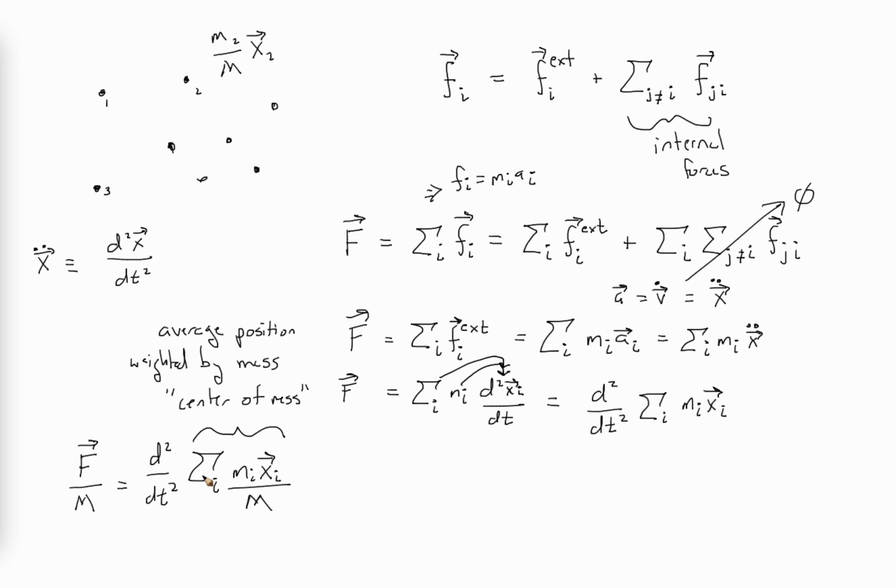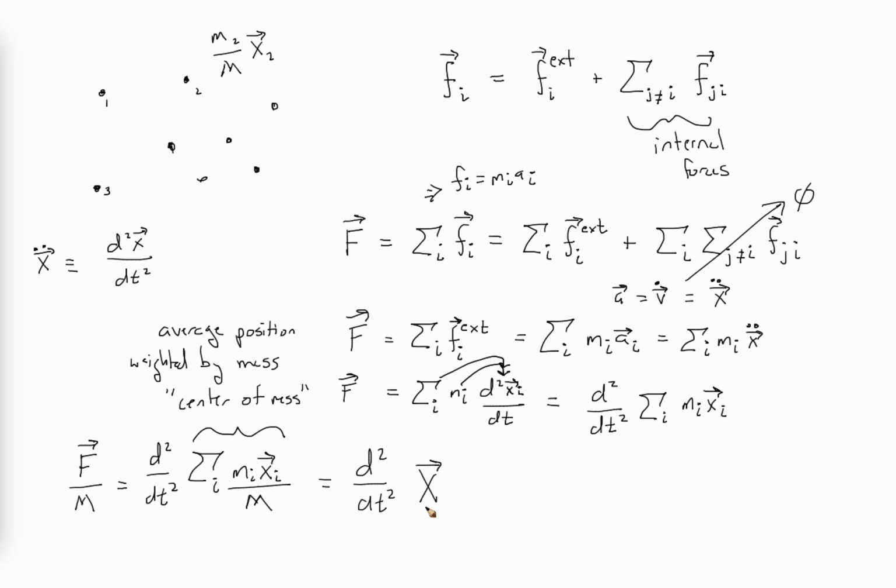So since it's sort of the central position of the entire mess of particles here, we're going to call this thing the center of mass, and we're going to call it capital X. So this is the position of the whole system.